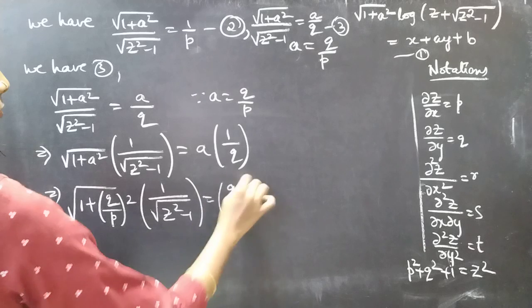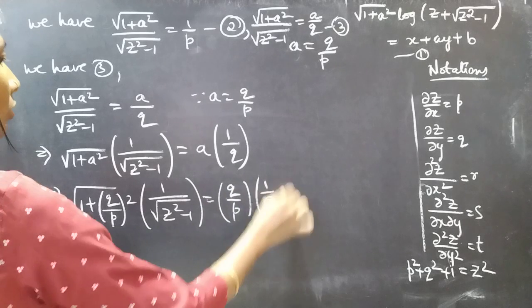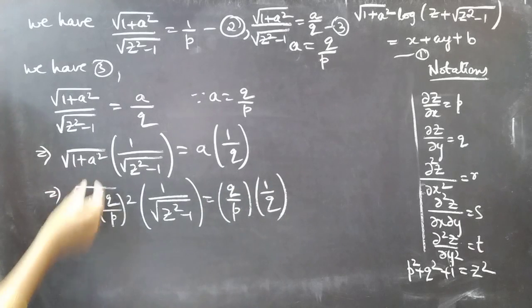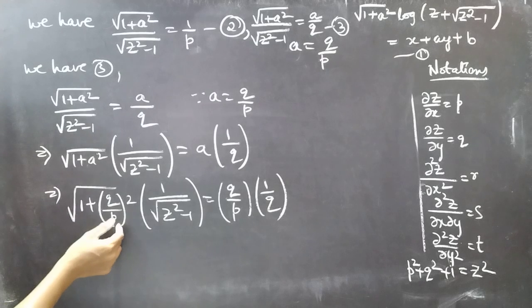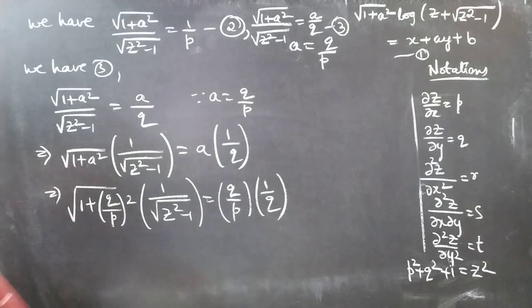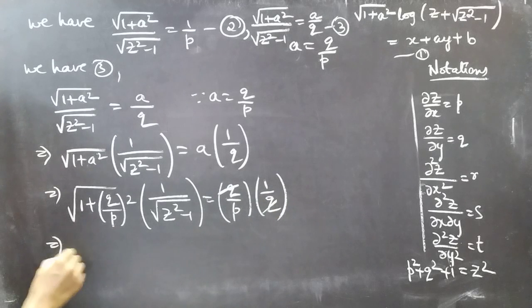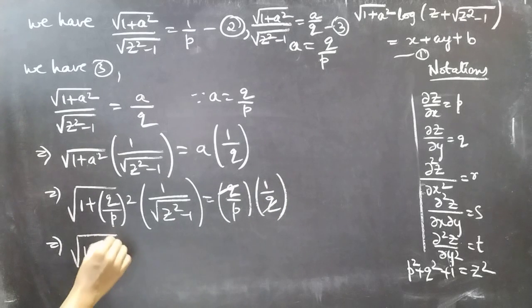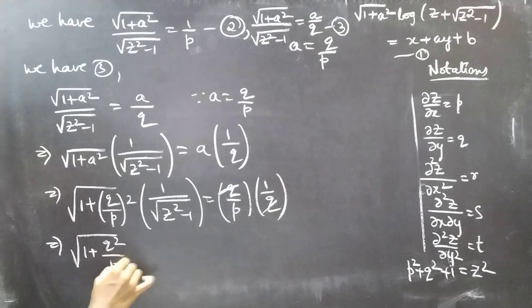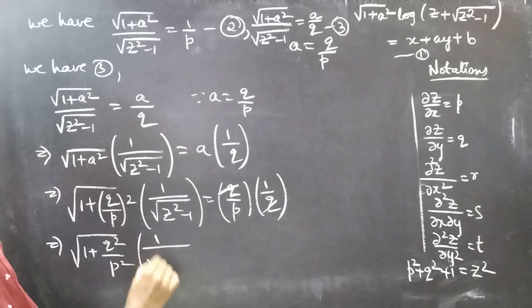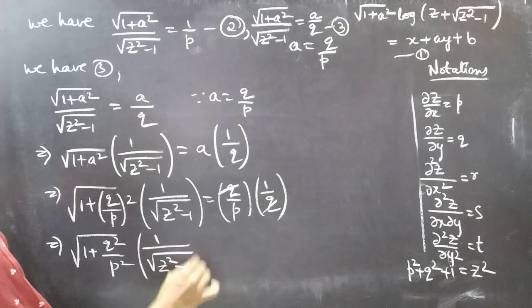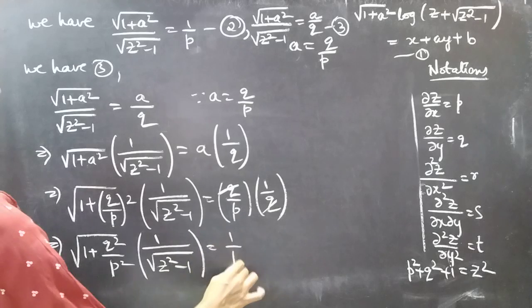We'll just replace a by q by p. Here you're having q, just cancel it. This gives us 1 plus q square by p square into 1 by square root of z square minus 1 equal to 1 by p, right?